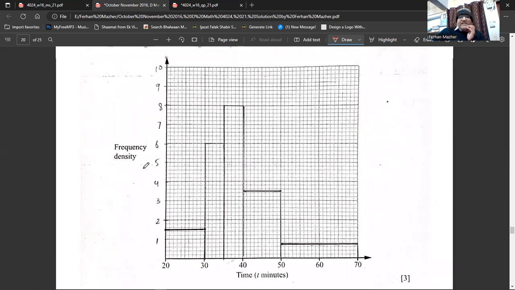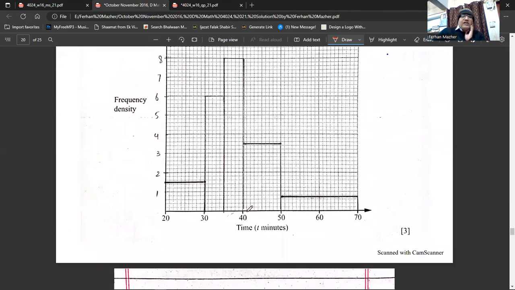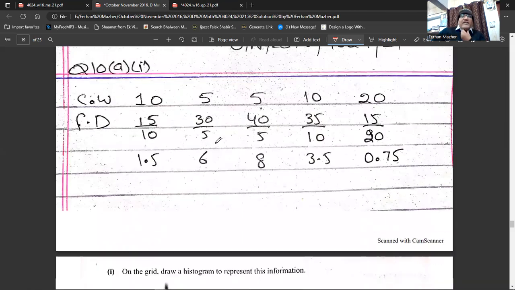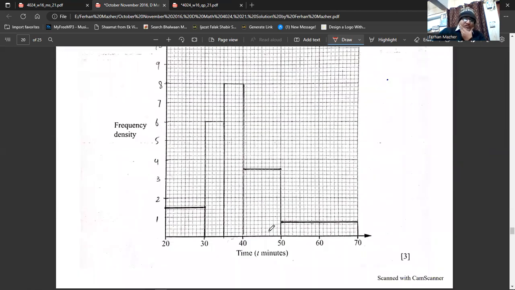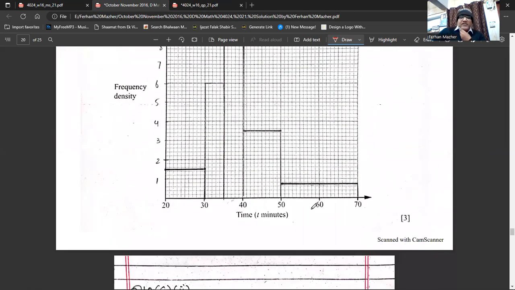From 35 to 40, its frequency density is 8, so this bar. And then 3.5, and that is from 40 to 50, the line will be here. And then 0.75, that is from 50 to 70. It will be here.